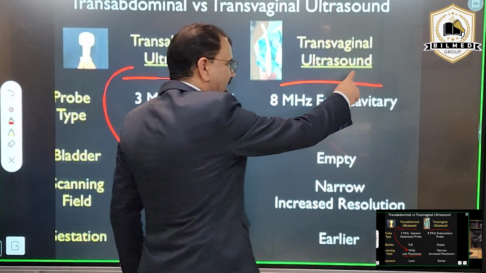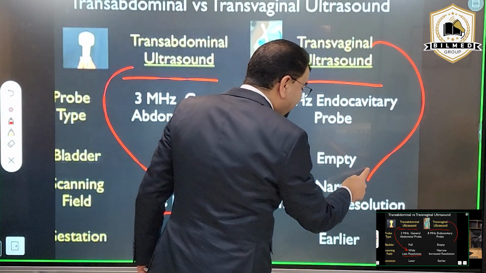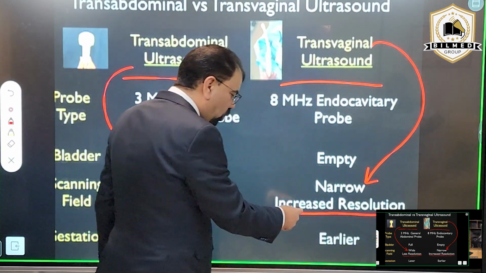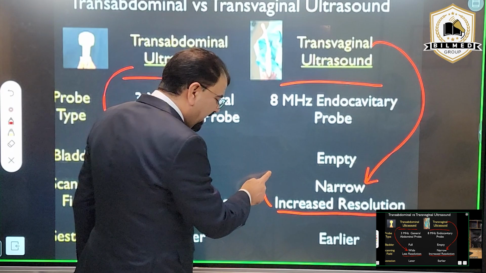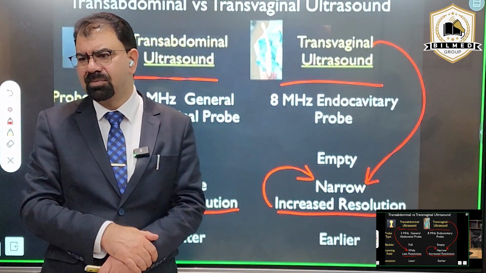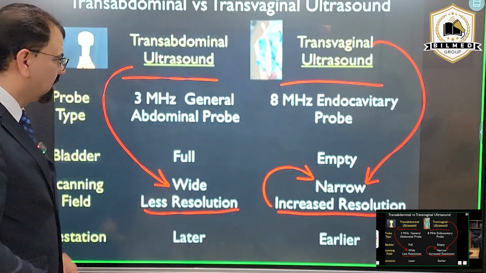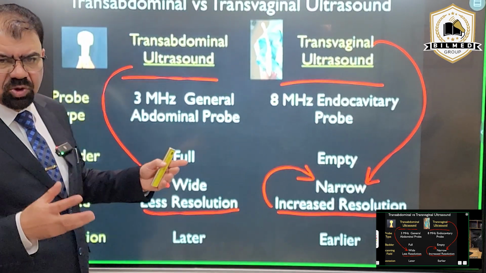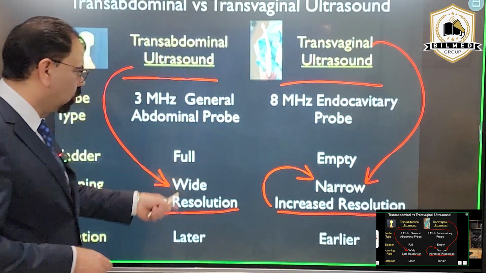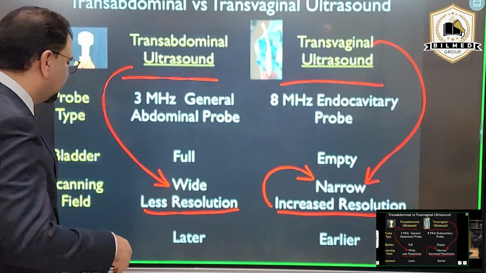In the transvaginal probe, I have a narrow field, but more resolution. So the resolution is at the expense of penetration. This is important because you sometimes have to switch between the transvaginal and transabdominal probe, and if you don't know this, you will not be able to switch.